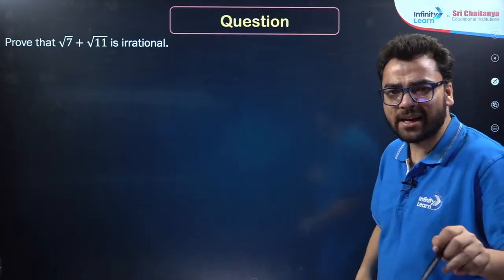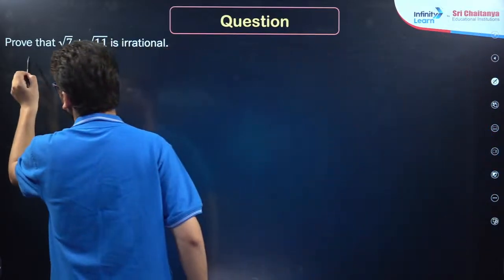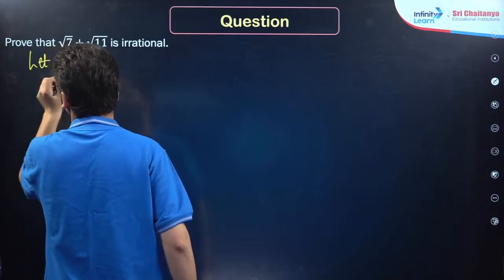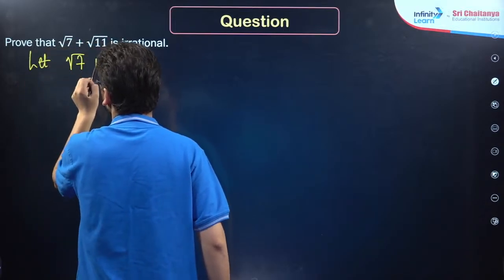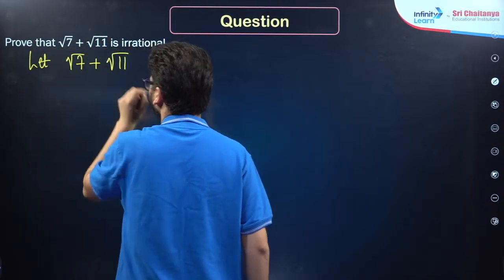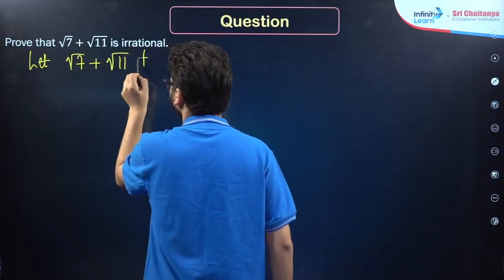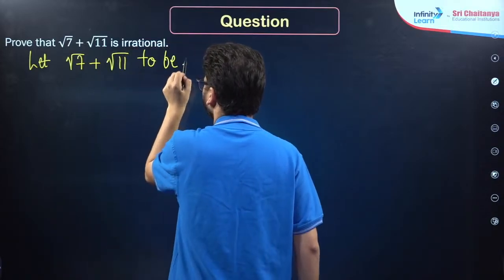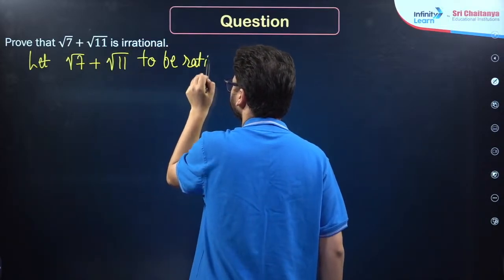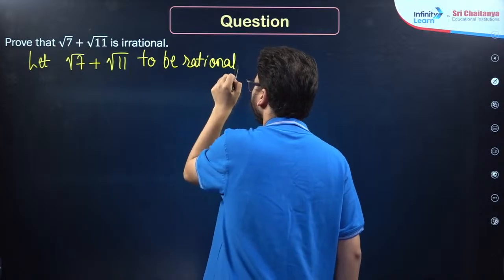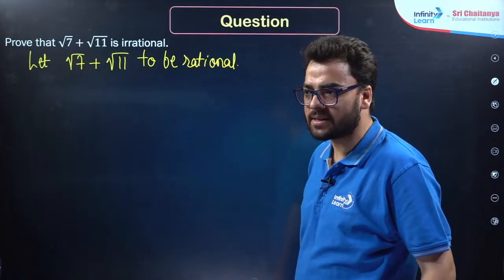So again the same thing. Again you have to assume it to be a rational number. Let root 7 plus root 11 be rational. Let it be rational only. The only possibility is this, right?